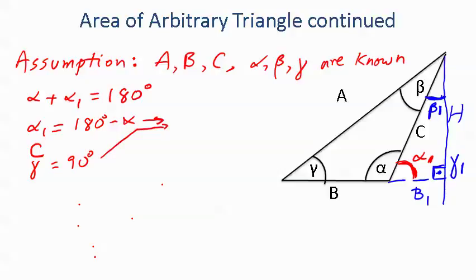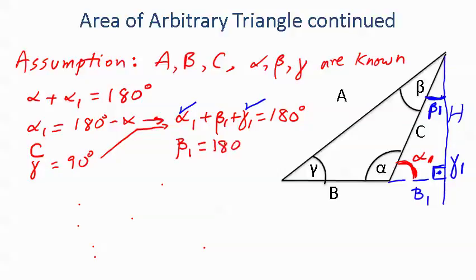So the sum of the three angles of a triangle, alpha 1 plus beta 1 plus gamma 1, is equal to 180 degrees. But in this expression, we already know angle alpha 1, and we already know gamma 1 is 90 degrees. So from this expression, we can solve for beta 1 as 180 minus alpha 1 plus gamma 1.